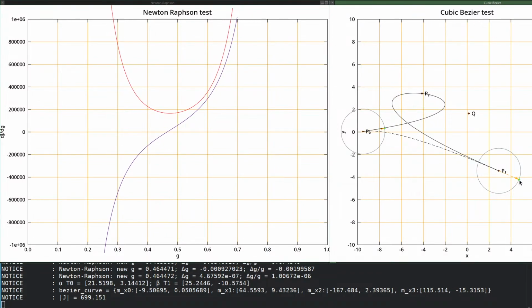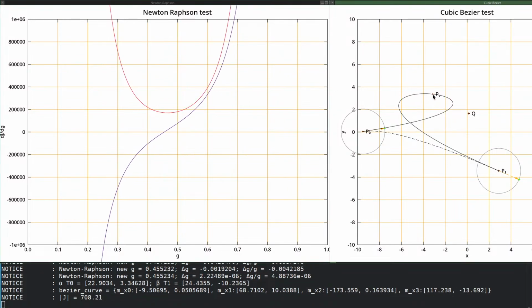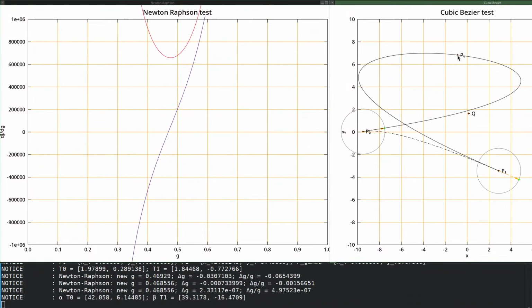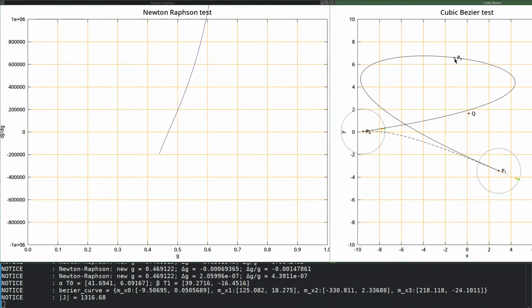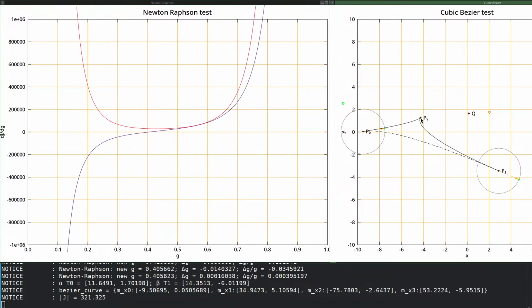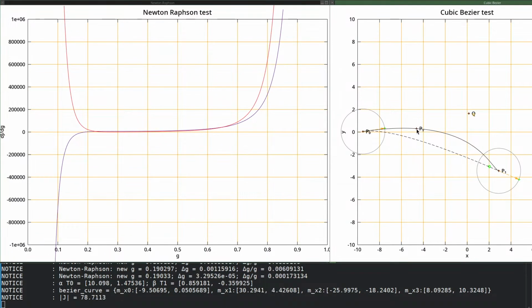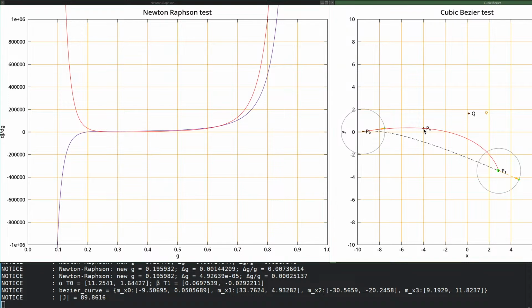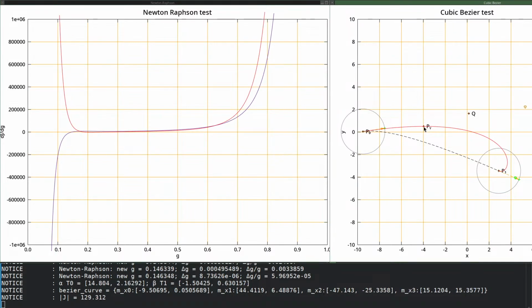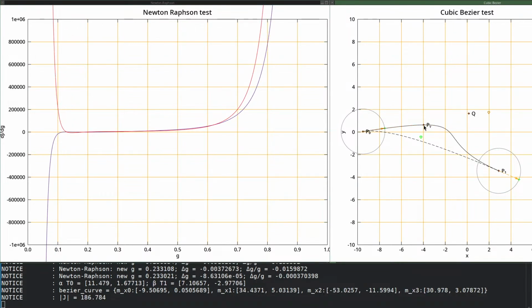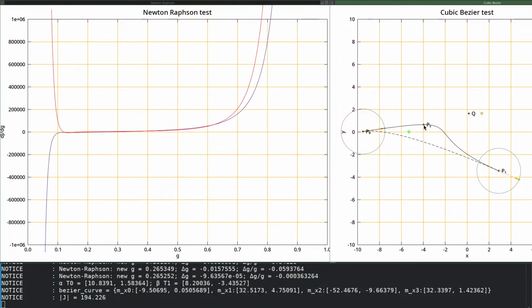It's still a loop like this. It's just going too far away. It's also a very interesting discontinuity.